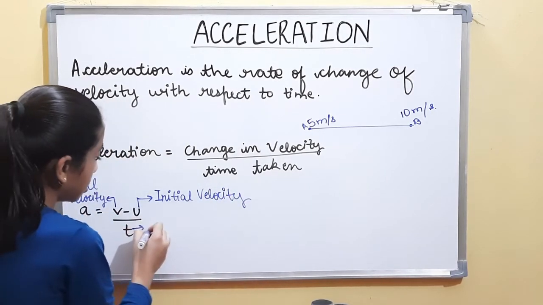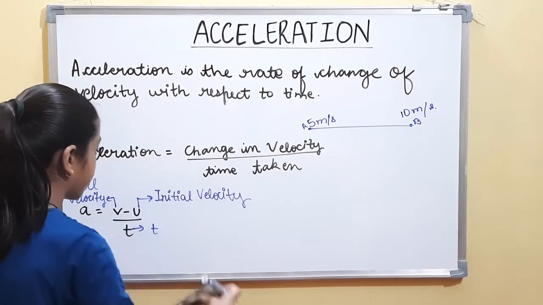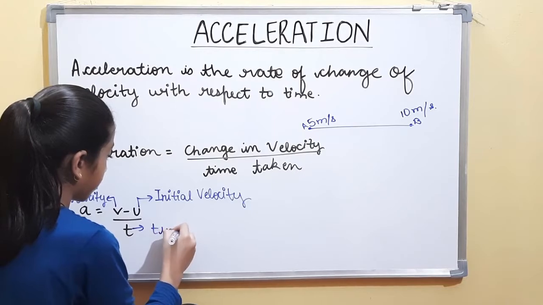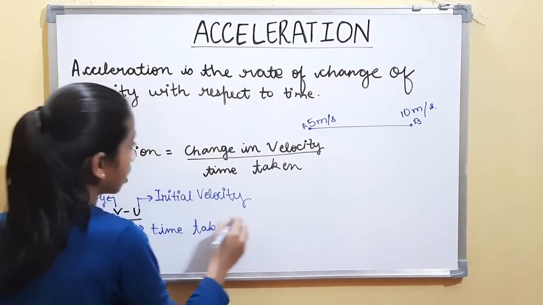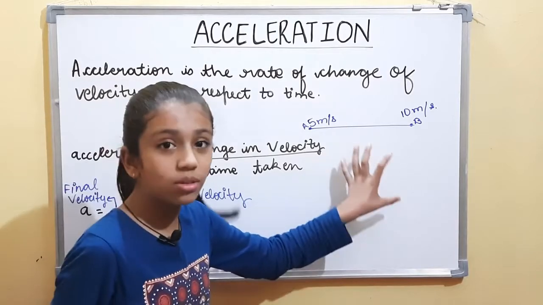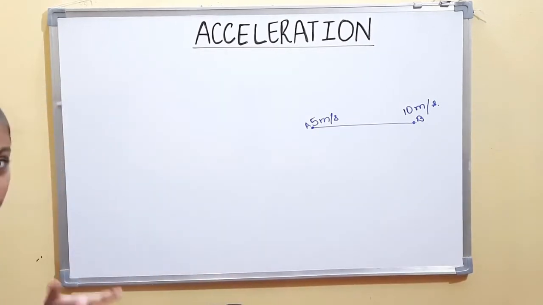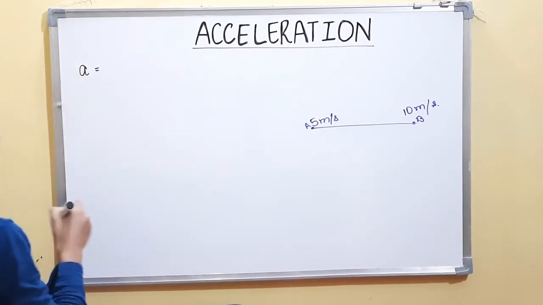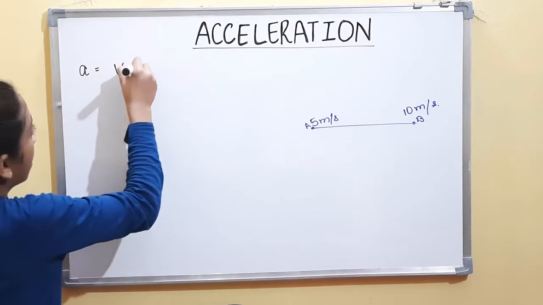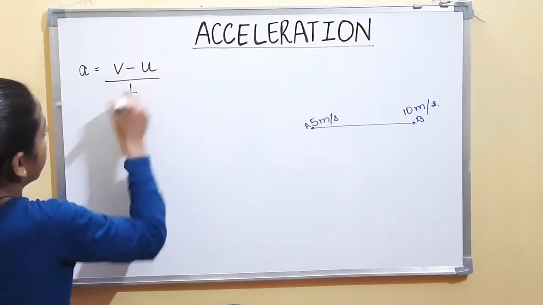And T is the time taken. Let's substitute the values in this formula. So, we will write the formula once again for acceleration. A is equal to V minus U upon T.